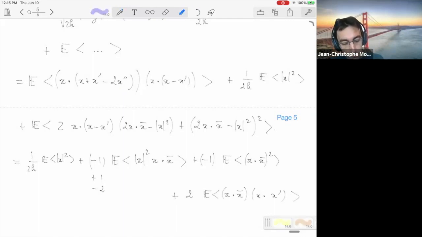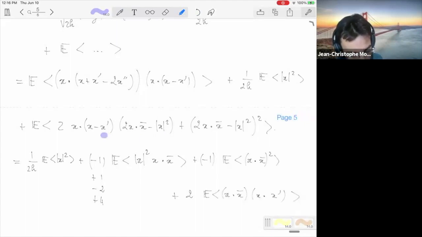Okay, so we're done with the first term. Now for the second line, I need to expand this. All right, so I can take this guy with this guy. This is another x squared multiplied by x scalar x bar. So I'm going to record 4 times of this guy. Now, this guy with this guy, we already discussed earlier, the x to the 4, they disappear.